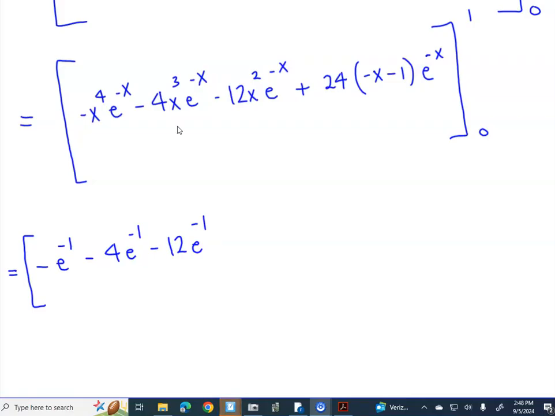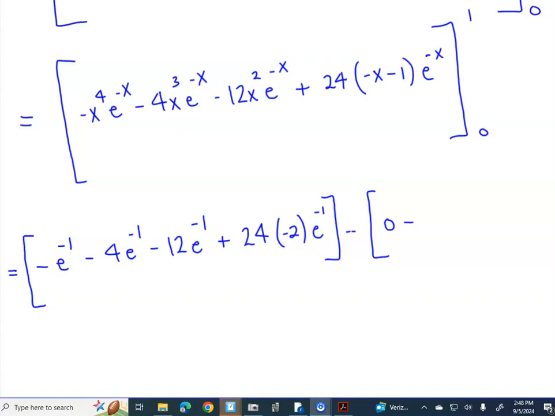And then this is 24 times negative 2 e to the negative 1. And we're going to subtract the following. If we plug in 0 for the first one, we get 0.